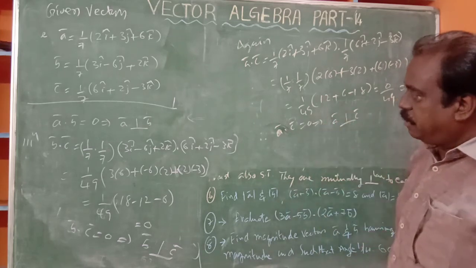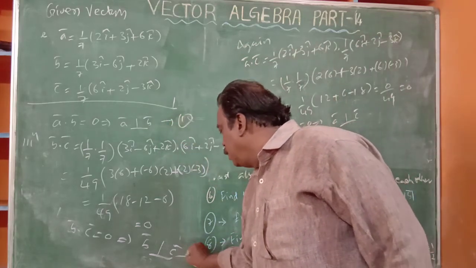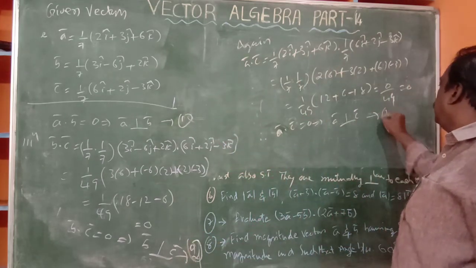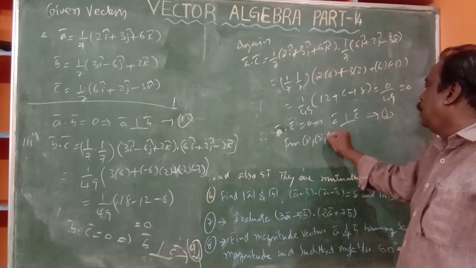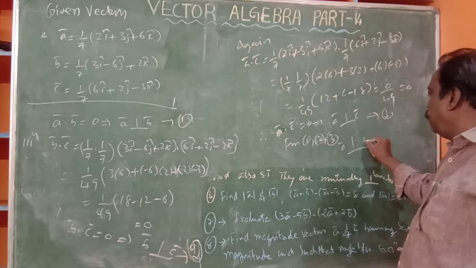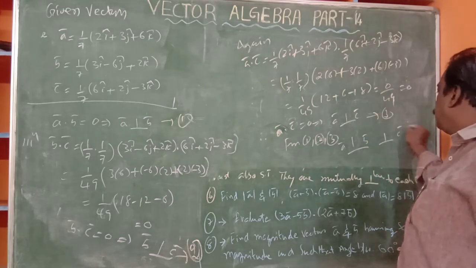In all three cases, say it is 1, it is 2, and it is 3. From 1, 2, and 3, a bar is perpendicular to b bar, b bar is perpendicular to c bar.